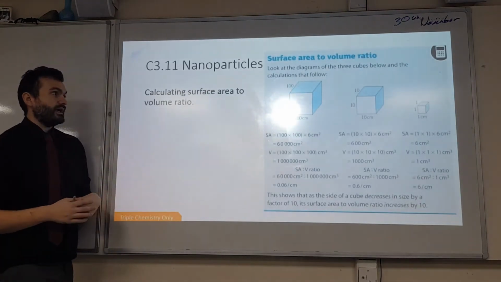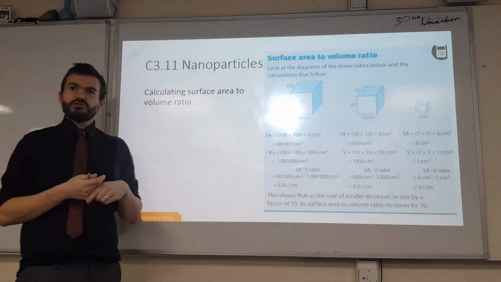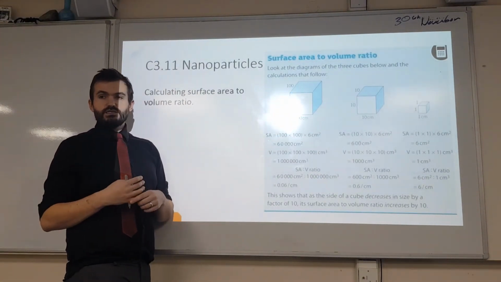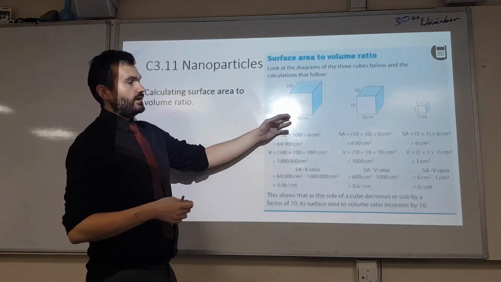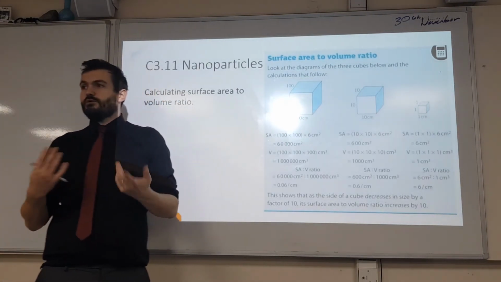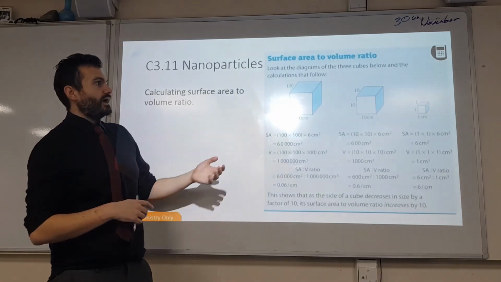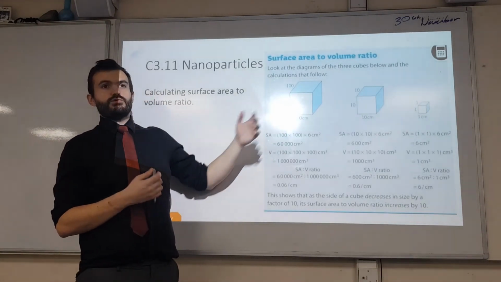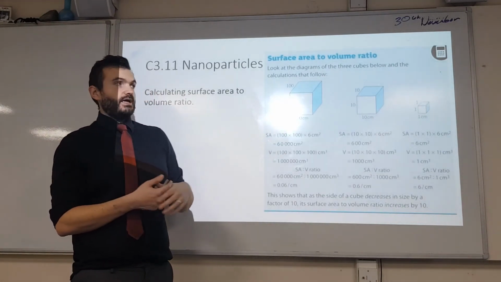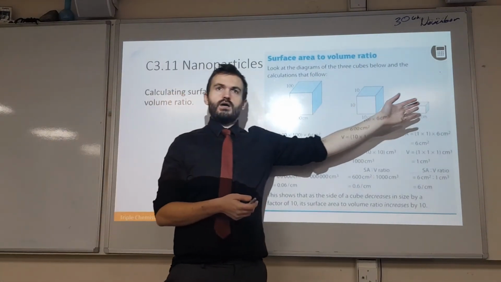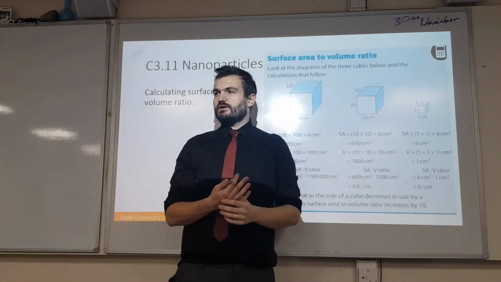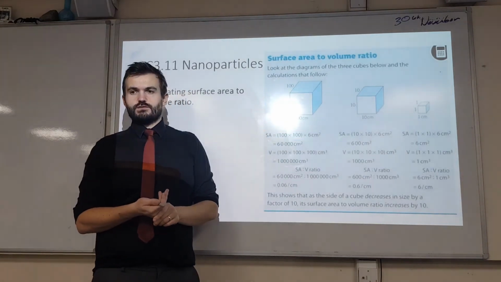So we need to be able to calculate the surface area to volume ratio. It's relatively easy. With cubes, you would always do the area of one face times by 6, and then for the volume, you'll just do one side cubed. What we see is every time we get a smaller particle, the surface area to volume ratio increases.